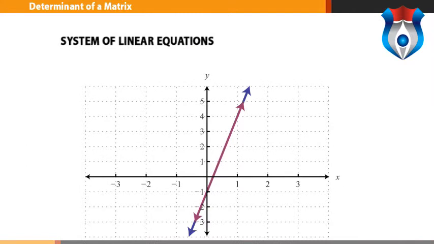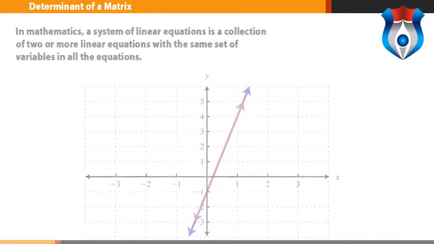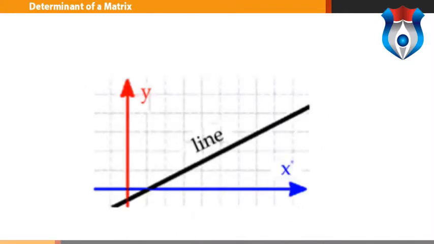Let's discuss the system of linear equations. In mathematics, a system of linear equations is a collection of two or more linear equations with the same set of variables in all the equations. In other words, a system of linear equations is nothing but two or more equations that are being solved simultaneously.